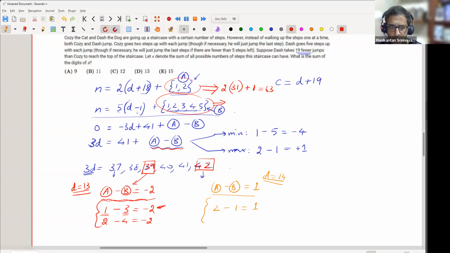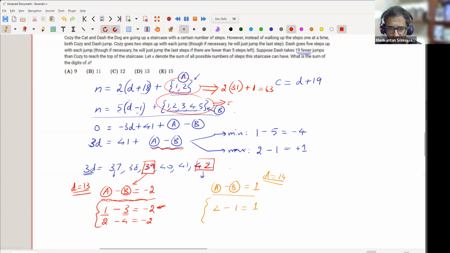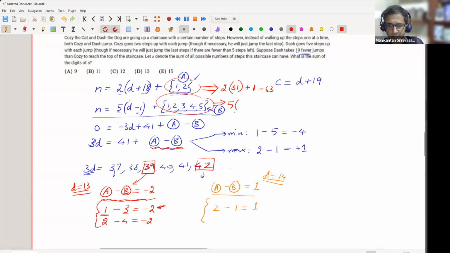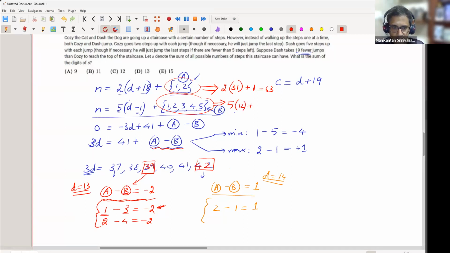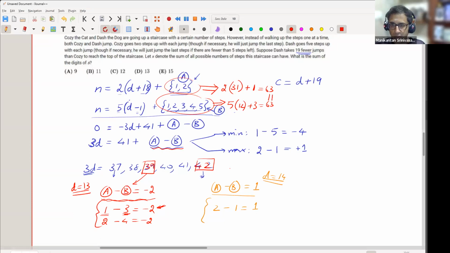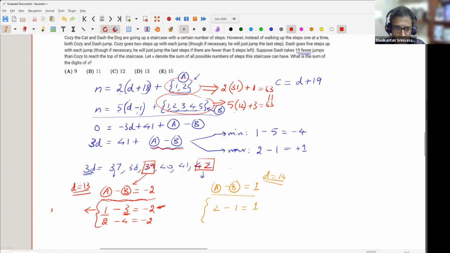In terms of the dog, it's 5 times, D was 13, 5 times 12, 60, plus in set B we picked 3. Is that also adding up to the same thing? Yes, it is the same, 63. So we know we are good. This corresponds to the number of steps being 63.